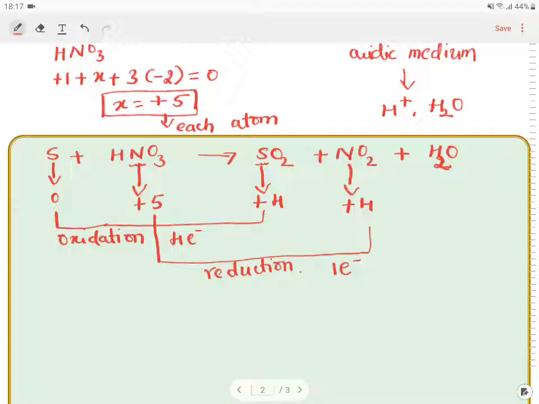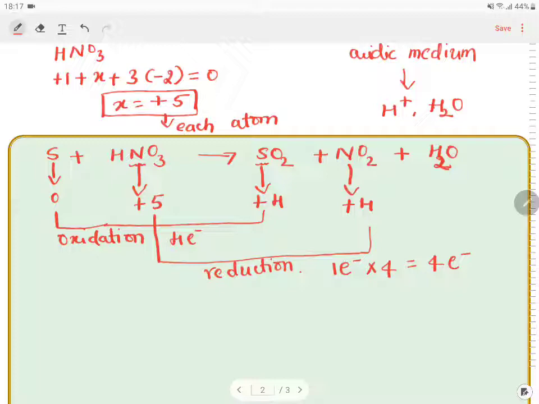Now in any redox reaction, number of electron during oxidation and reduction should be same. 4 electrons have been lost. Therefore, there must be 4 electrons gained. But in the equation, it's saying it is only 1 electron. How do I balance it? Simple. Wherever nitrogen is there, you multiply by 4 so that the number of electron gets balanced. So it is 4 electron.